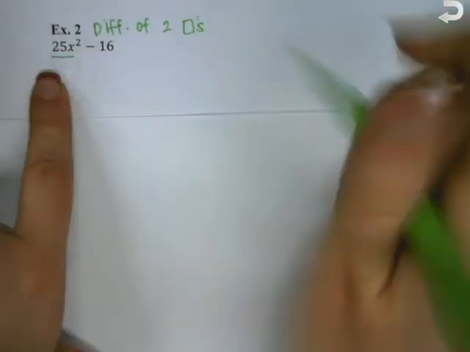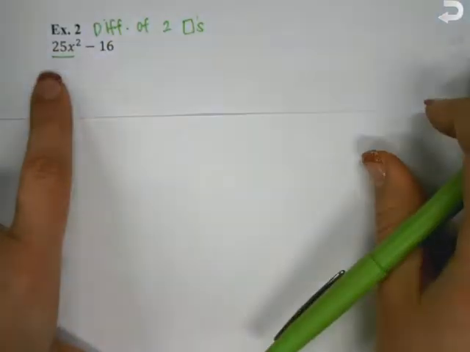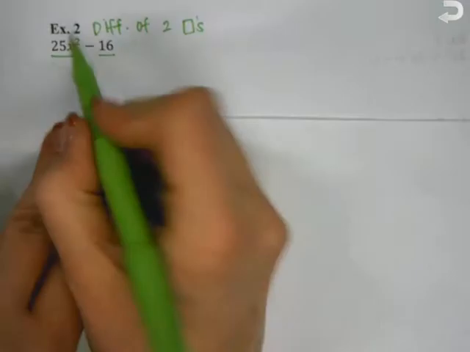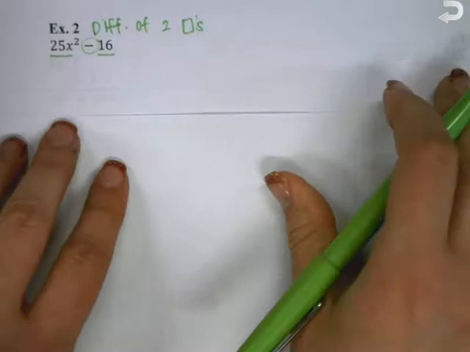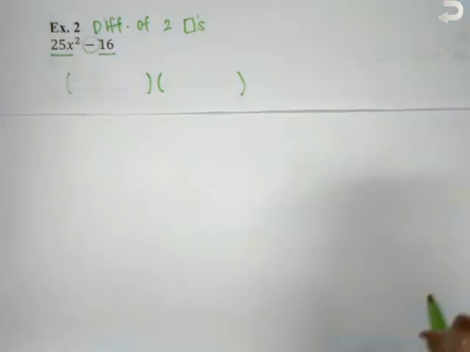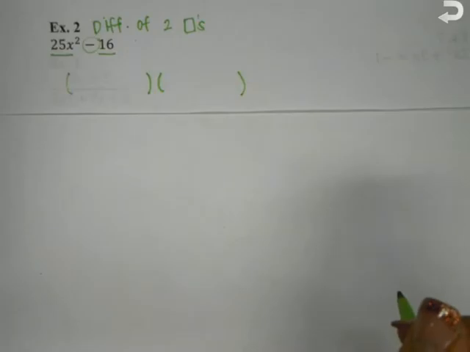This is a difference of 2 squares because let's look at it. Is 25x squared a perfect square? Yes. Is 16 a perfect square? Yes. Are they being subtracted? Yes. So we get to apply our rule, which means I make 2 sets of parentheses. One is plus, one is minus.